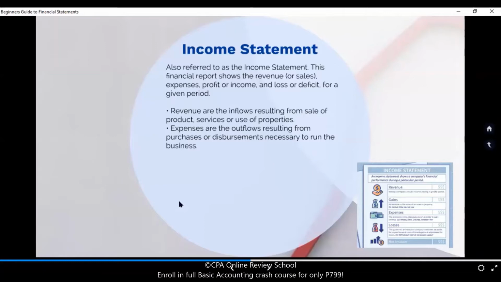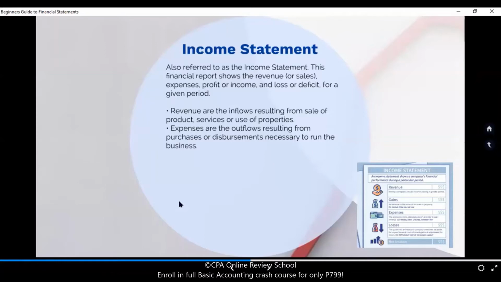This is where, aside from your income from your original or daily operation, you add your gains or other revenues that you have for the company. Okay? So your revenue is the inflows resulting from the sale of the product. For the other revenue, those are your incidental gains.